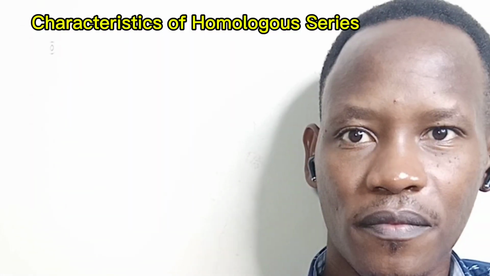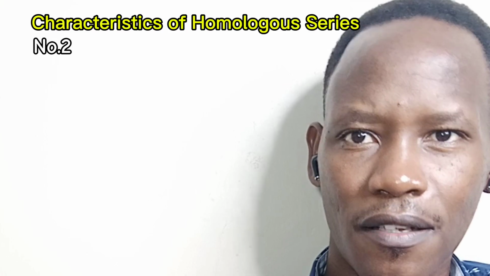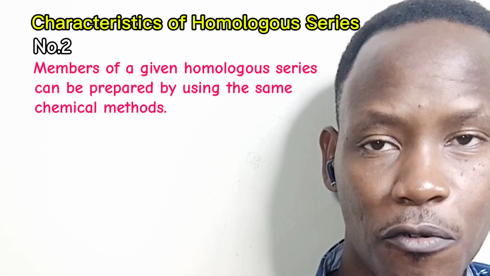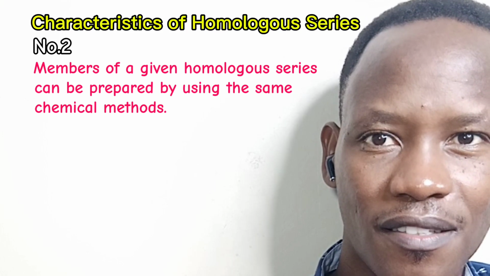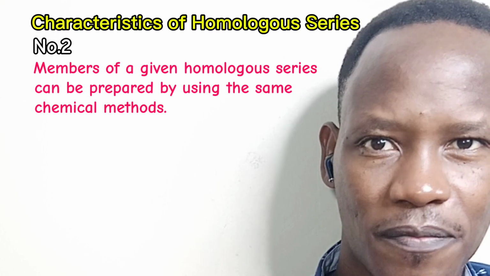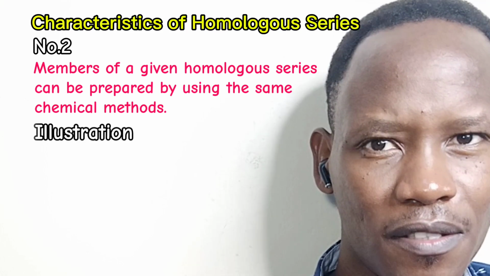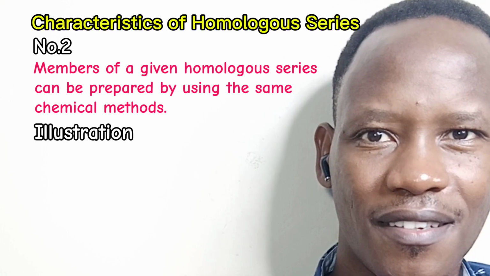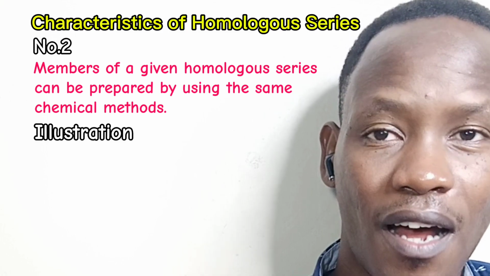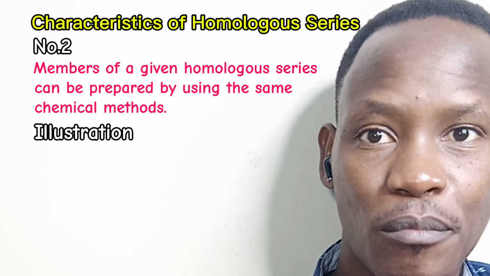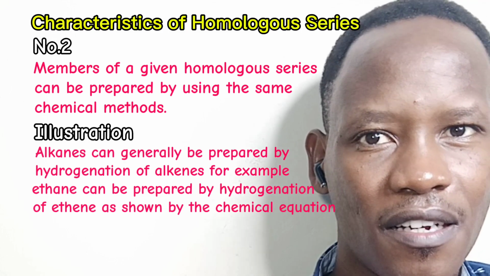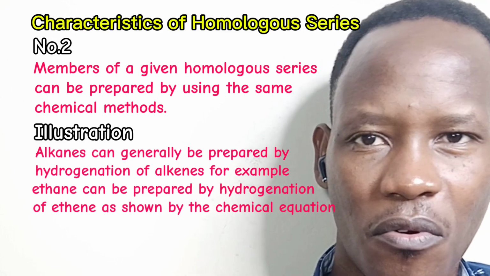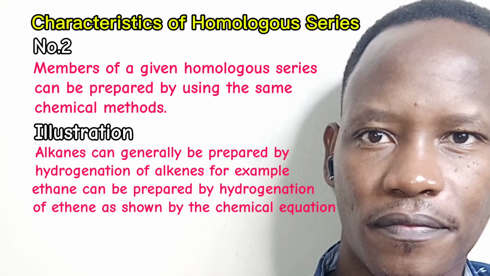Property number 2 is that members of a given homologous series can all be prepared by using the same chemical methods. For example, still with reference to alkanes, alkanes can generally be prepared from the catalytic reduction or hydrogenation of alkenes.